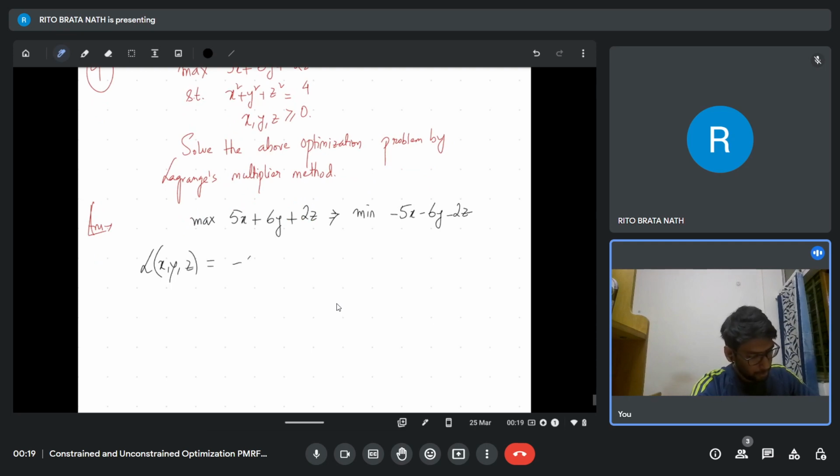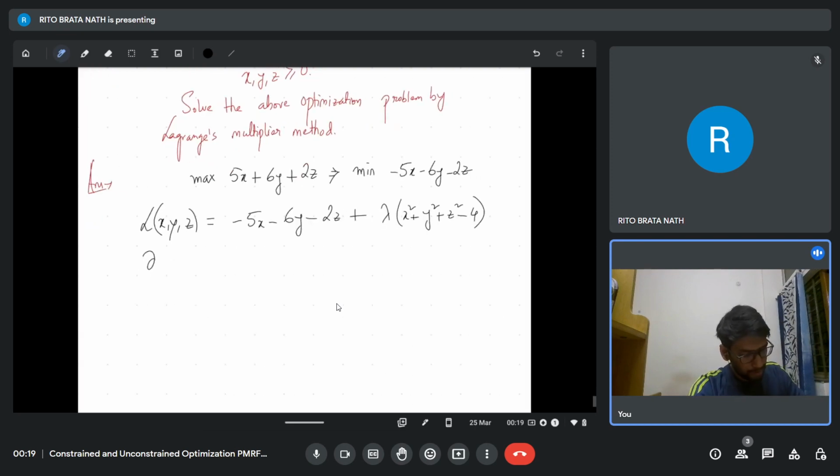So this will be minus 5x minus 6y minus 2z plus, you have only one equality type constraint. So let me write down that as lambda times x squared plus y squared plus z squared minus 4.